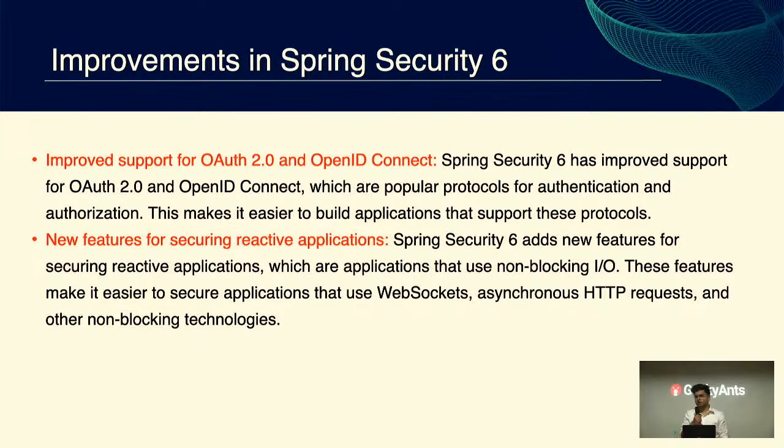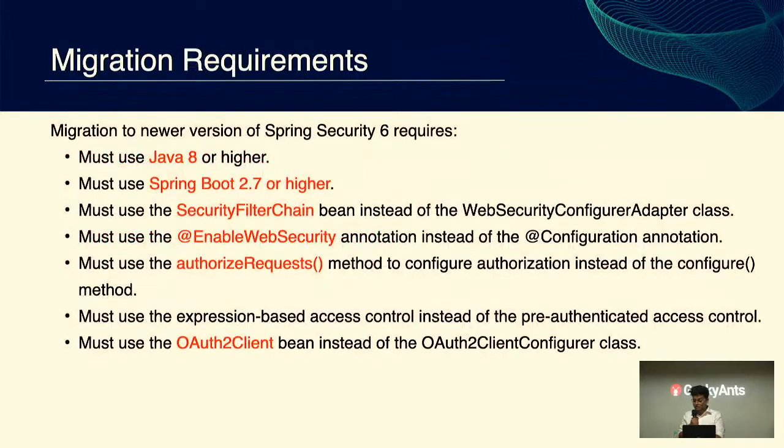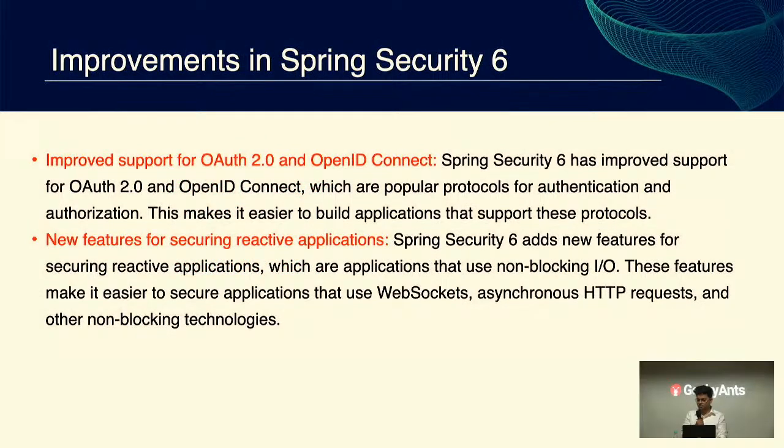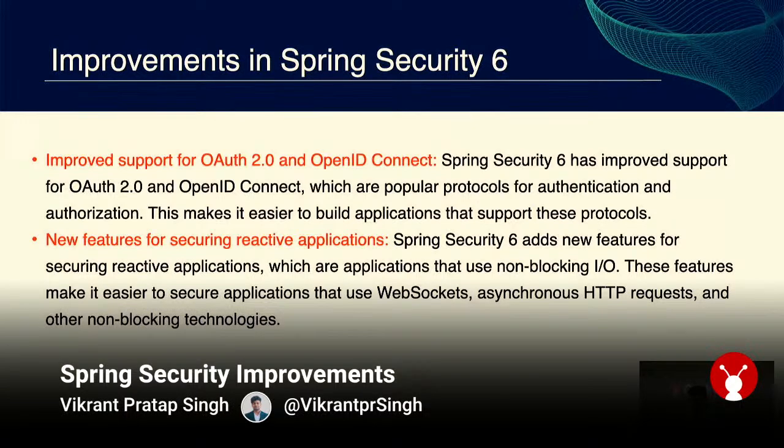Suppose you are accessing an application and using OAuth 2.0, the Google authentication. You clicked on Google authentication, went to the Google server, verified yourself, and then returned back to the application. This kills your primary execution thread. To improve this part, they have introduced some other features that we will see further. I think I have mentioned it earlier. I think in the coming slides, I will show you.